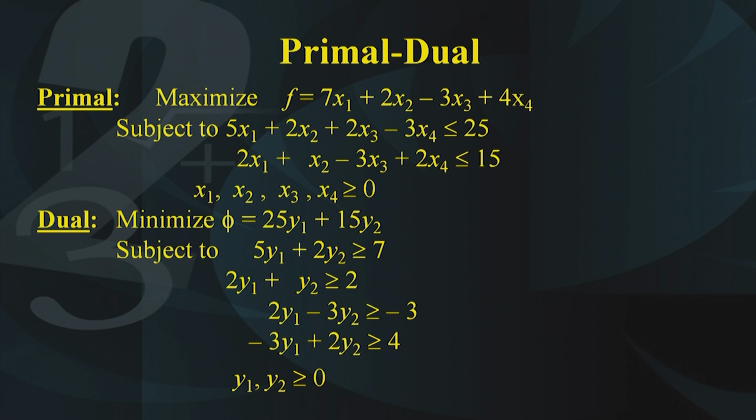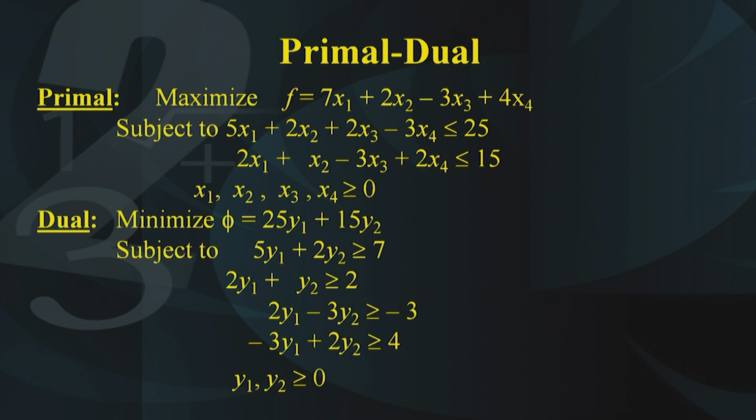The first one is maximization of a function f equal to 7x1 plus 2x2 minus 3x3 plus 4x4, subject to 5x1 plus 2x2 plus 2x3 minus 3x4 less than or equal to 25, twice x1 plus x2 minus 3x3 plus 2x4 less than or equal to 15, and all the decision variables x1, x2, x3, x4 are greater than or equal to 0. This is the primal linear programming problem.